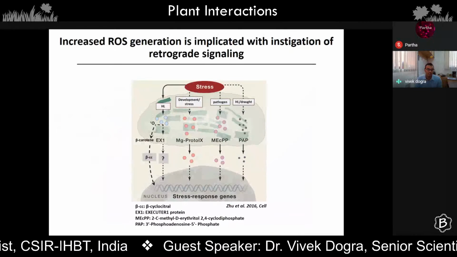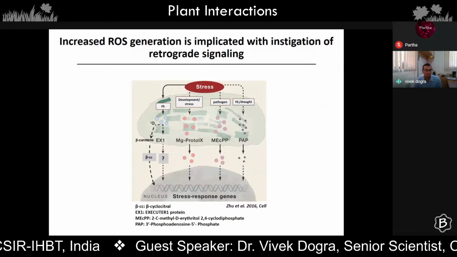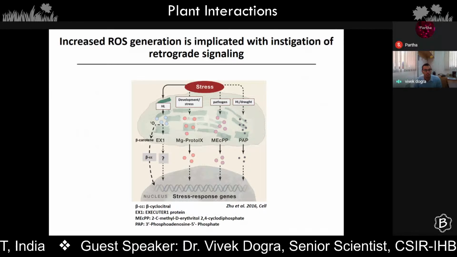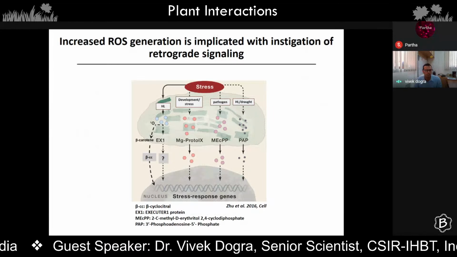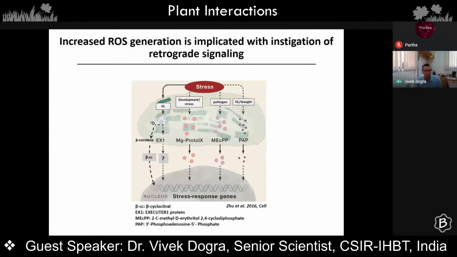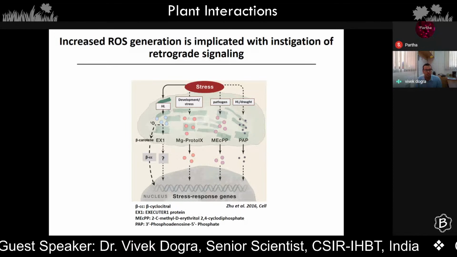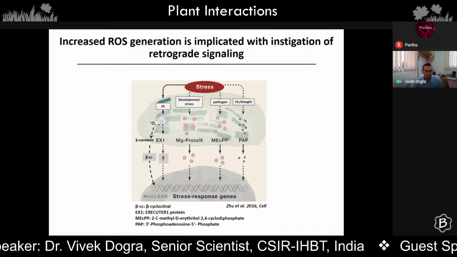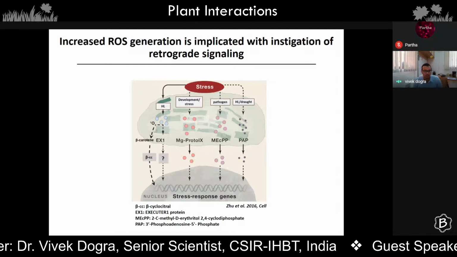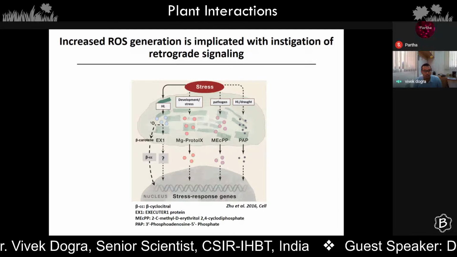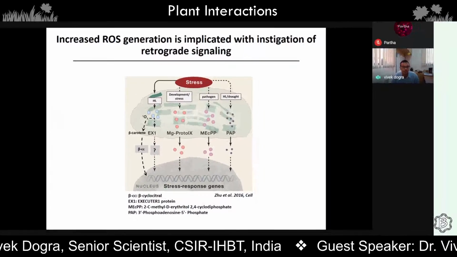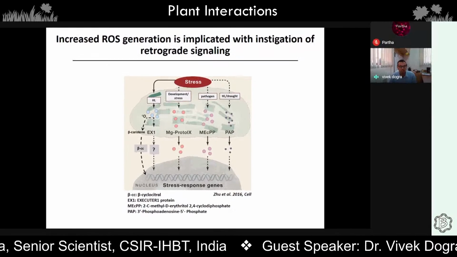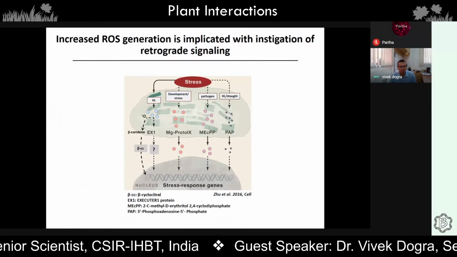So now there are certain examples where we see the increased levels of ROS are implicated with instigation of retrograde signaling cascades, and there are many pathways and molecules which have been identified by different workers around the world. In that we see a lot of molecules which are generated in the chloroplast, including chlorophyll biosynthetic intermediates, or MEP pathway metabolites.